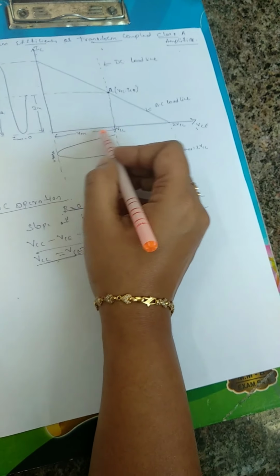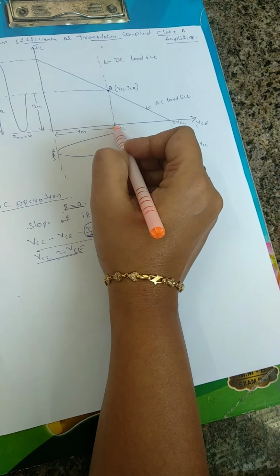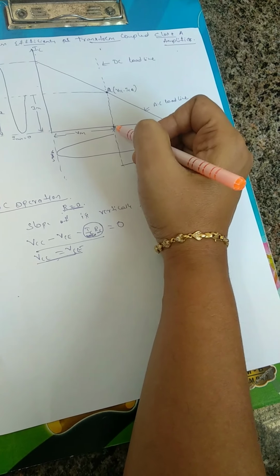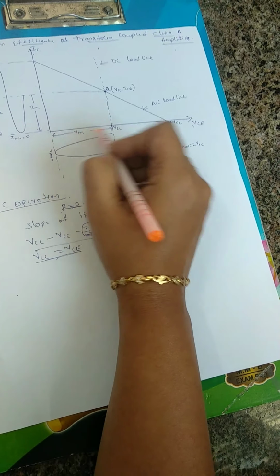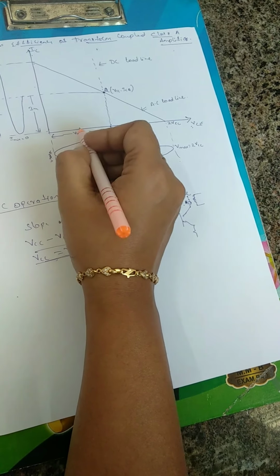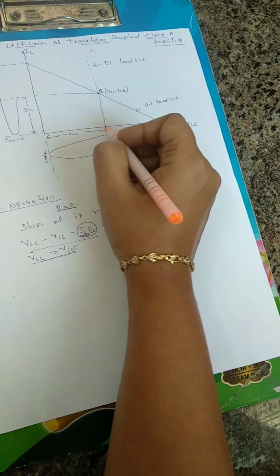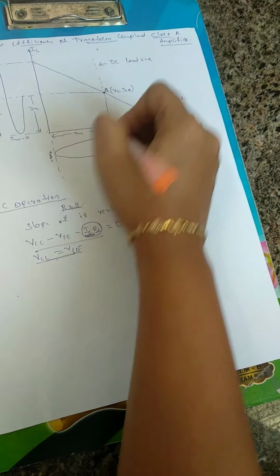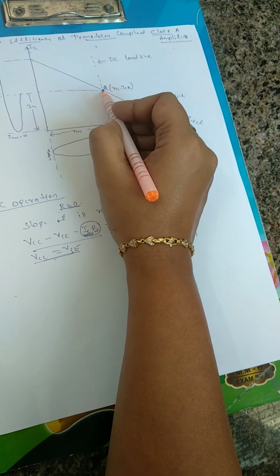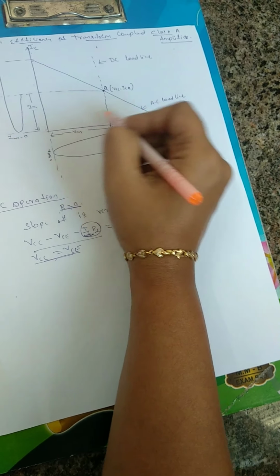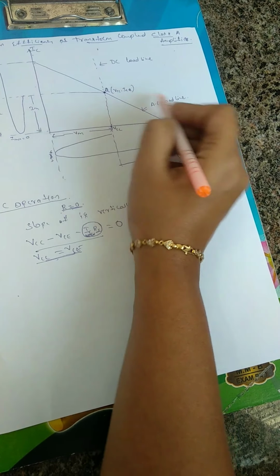So at what point is this? VCE is just equal to VCC. If VCC is 5 volt, and we calibrate 2 volt, 3 volt, 4 volt, 5 volt, this load line will be from here. Usually the Q point will be the intersection of the load line and the IB curve for different values of IB.